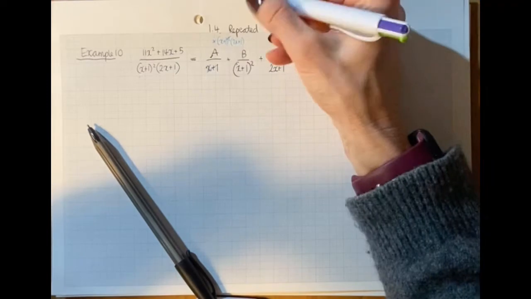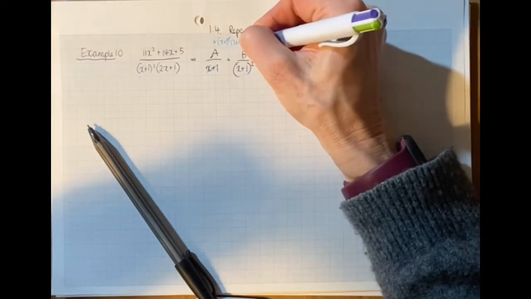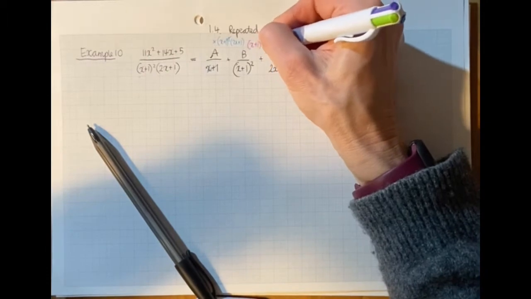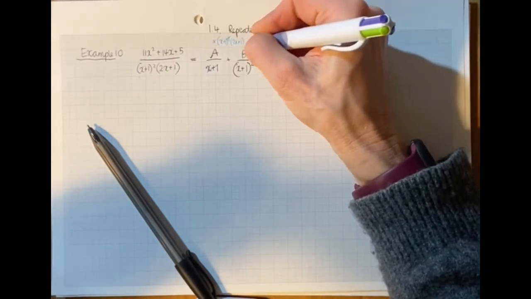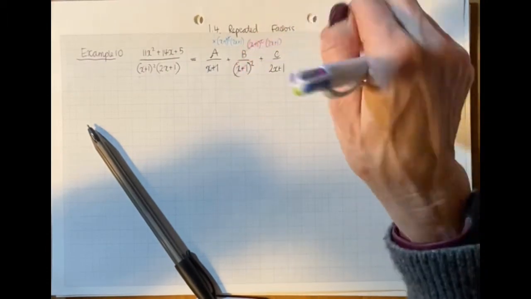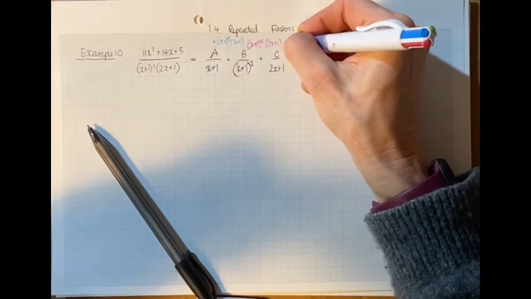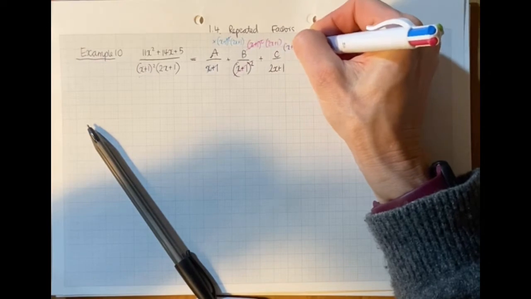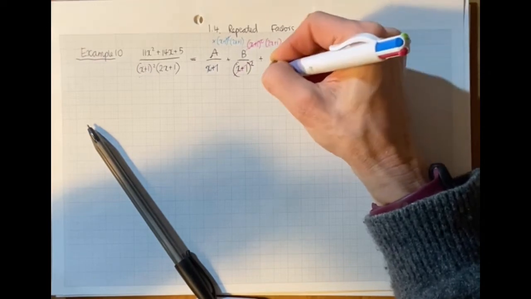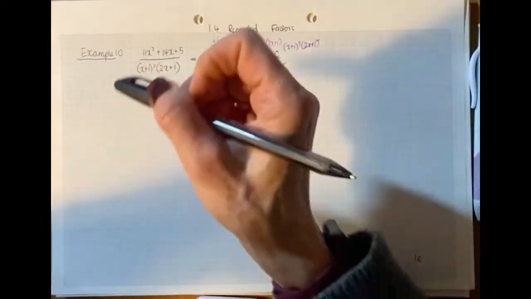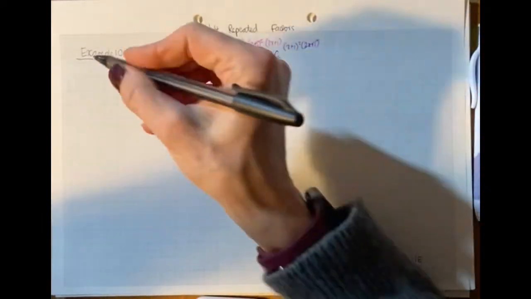If you multiply the second fraction by x plus 1 squared and 2x plus 1, both of these will go. And finally, if you multiply this one by x plus 1 squared and then 2x plus 1, the x plus 1 will go. Alternatively, bring it to the common denominator.